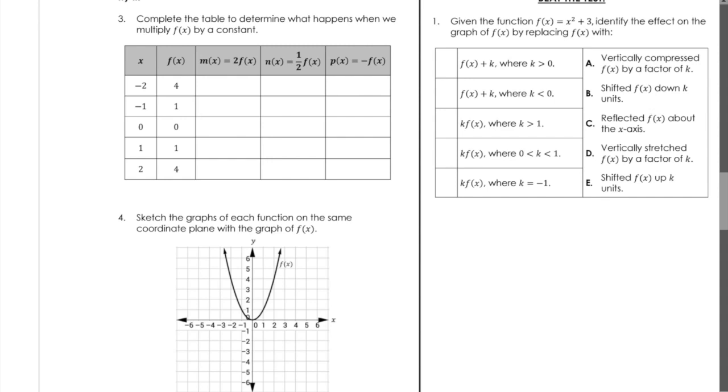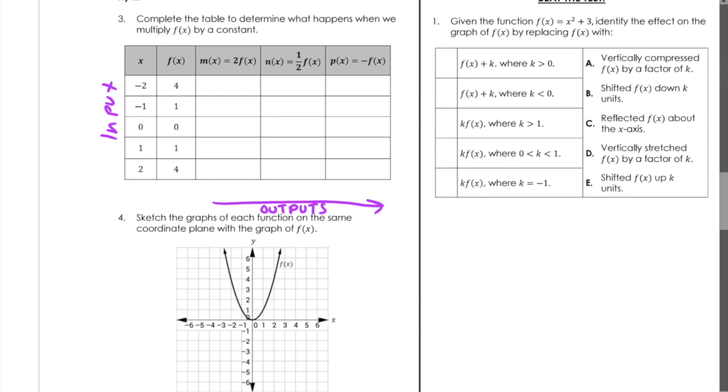And I'm going to work on it with you guys, and then you guys are going to graph it. So complete the table to determine what happens when we multiply f of x by a constant. So now we're going to multiply these numbers. So once again, my x's are called my inputs. These down here are going to be my outputs.